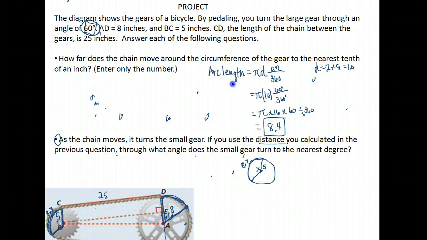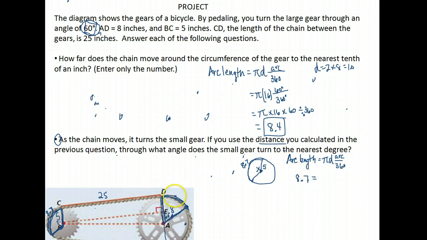Again, we're going to use that formula for arc length. Same formula, we're just going to evaluate it a little differently. So again, the arc length is equal to pi times the diameter times our arc divided by 360. Let's put in the information we know. The arc length we know this time is 8.7. We figured that out. That's how far the chain is going to move.